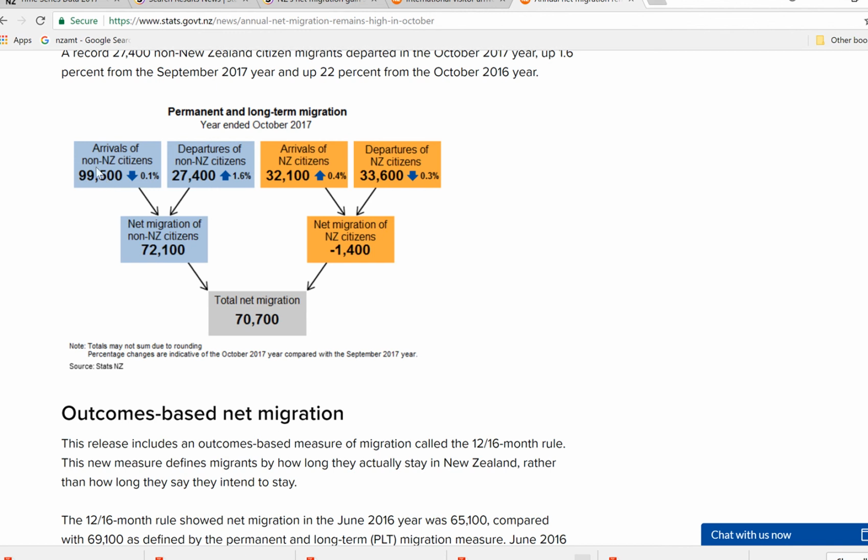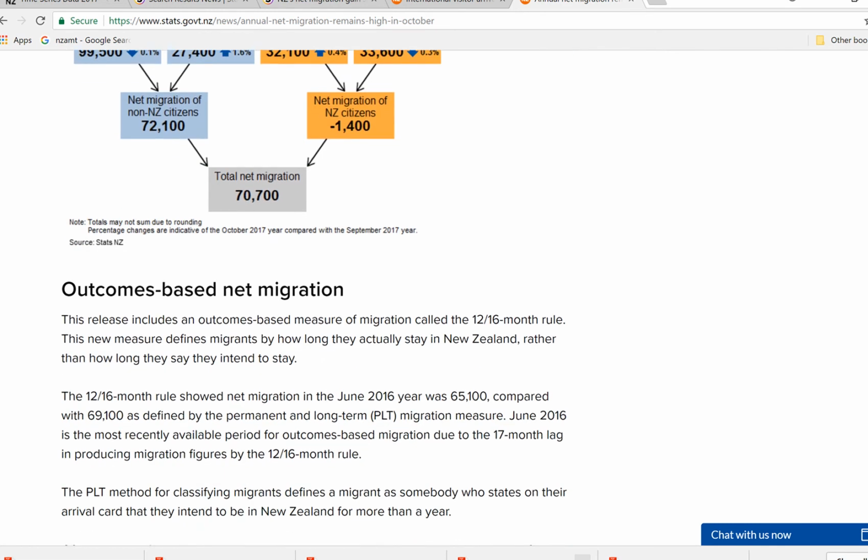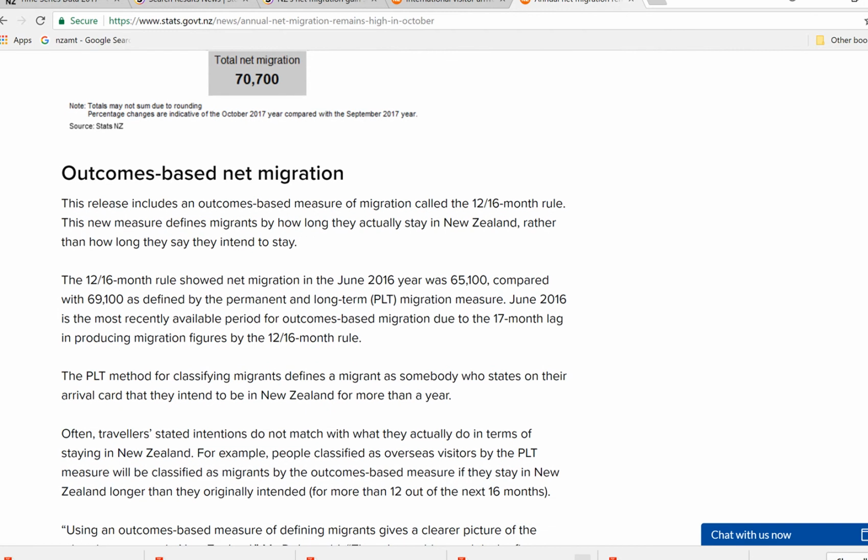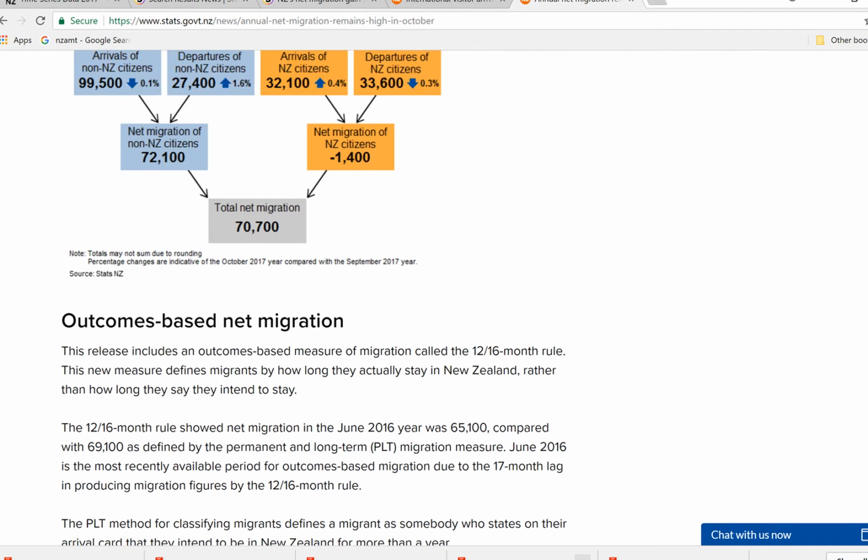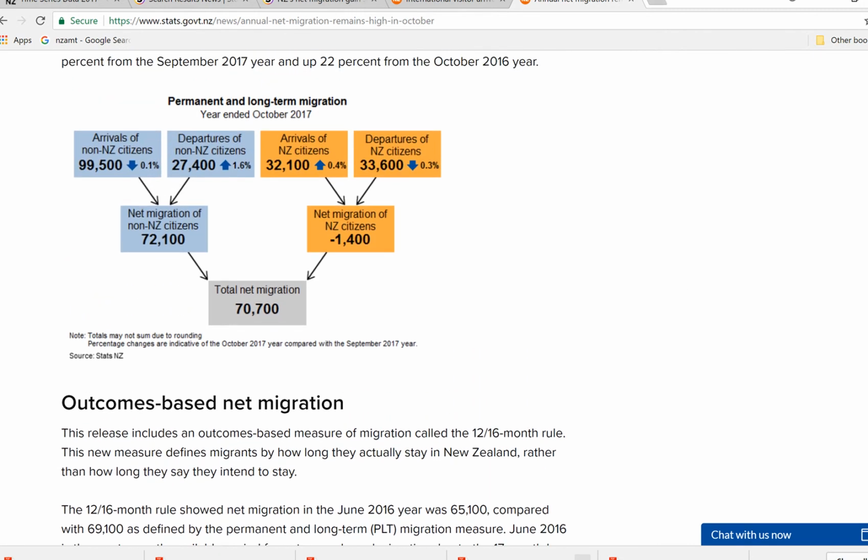So nearly 100,000 arrivals that year from non-New Zealand citizens compared to only just over 30,000 from New Zealand citizens. So roughly three times the number that were returning New Zealand citizens were from people that were not New Zealand citizens. So in terms of understanding the times of the year that they're peaking, that's probably an important factor to consider, isn't it?